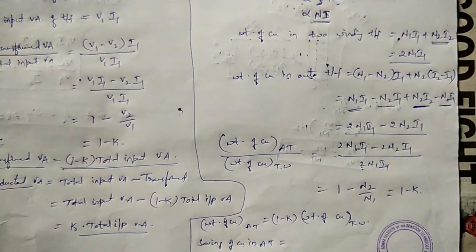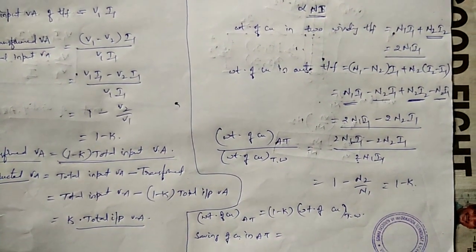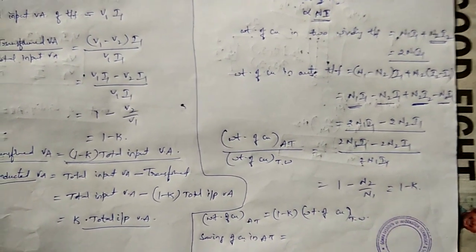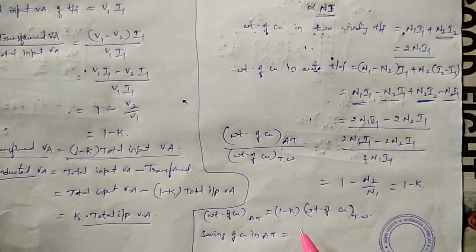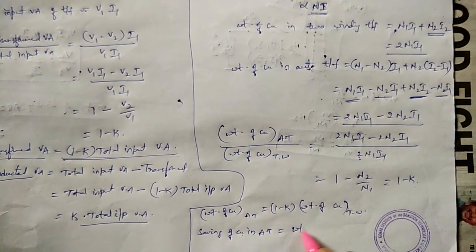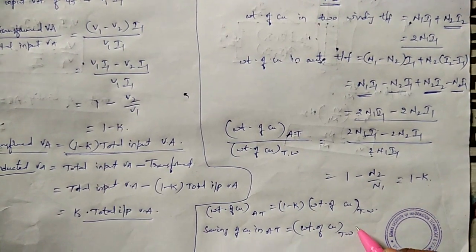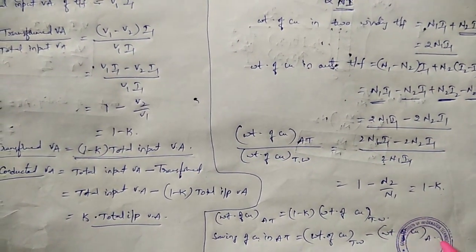How much copper material can you reduce compared to the two winding transformer? So that means you have to subtract the copper material: weight of copper in two winding minus weight of copper in auto transformer.